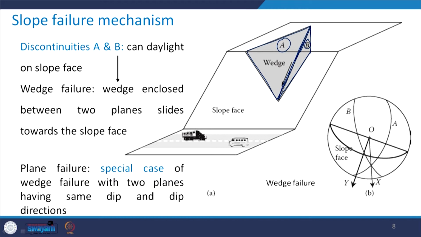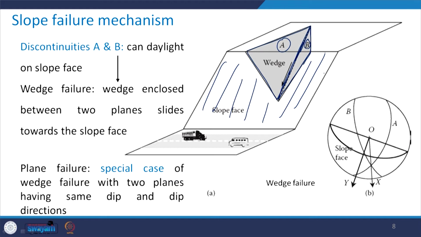Both these discontinuities A and B, you see, are daylighting this slope face, which is this face.